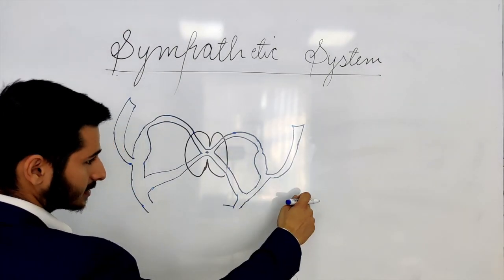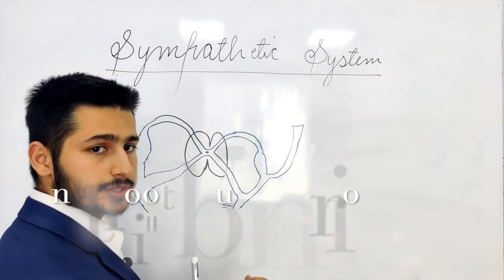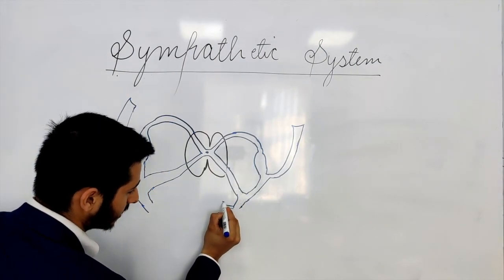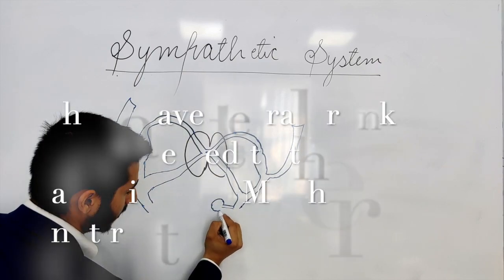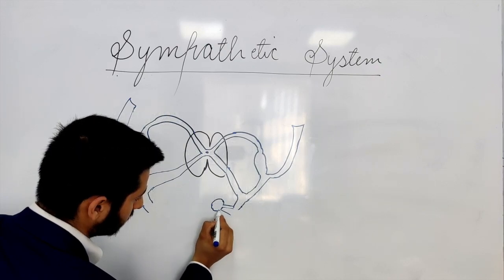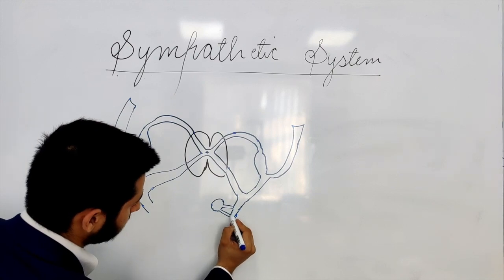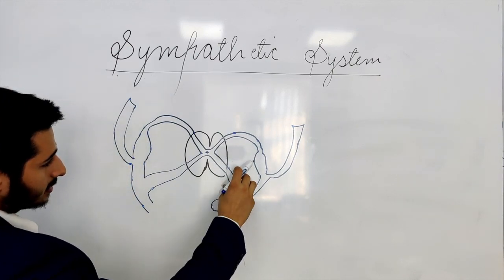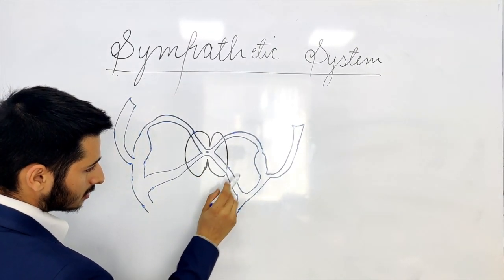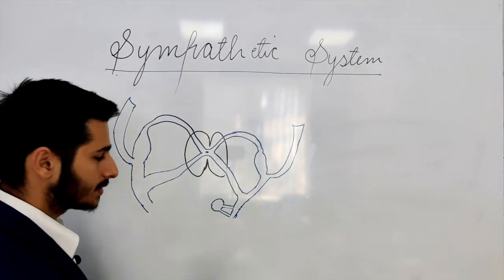As we discussed, the trunks are connected to these segments through the anterior roots. So the anterior root is being connected to this paravertebral trunk right here. As you can see, it has been connected to this vertebral segment. These are the anterior roots that are connecting the paravertebral trunk.